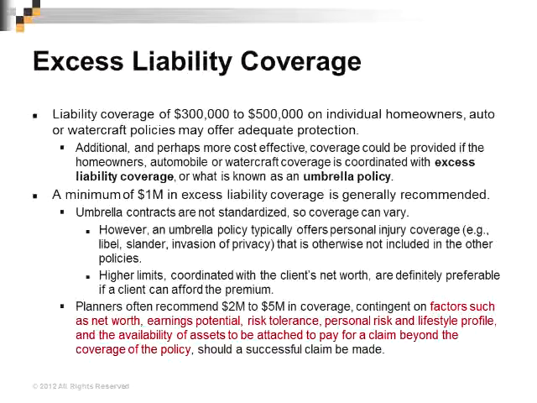Excess liability coverage. Most plans will offer 100 or 300 or maybe even 500,000 of excess liability on the basic plan, and you can purchase more. It says here umbrella contracts are not standardized, so coverage can vary. My understanding is on the comprehensive exam, they love to ask questions on do you have umbrella liability coverage and why.